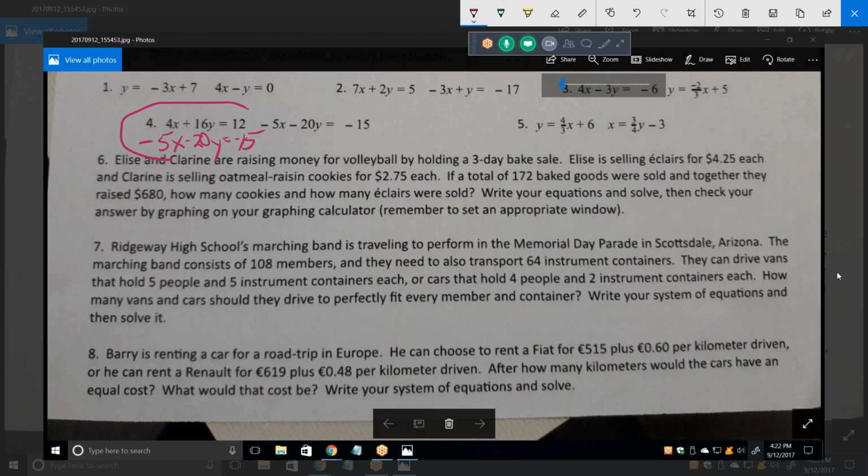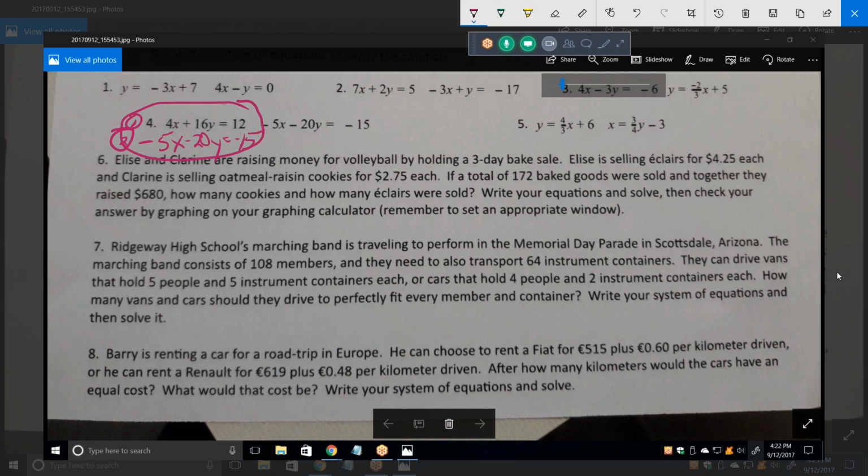So that is what we're going to call equation 1 and equation 2. Now, use elimination. But I can't multiply just one equation by a whole number and come up with minus 5 or minus 20. Can't do it.